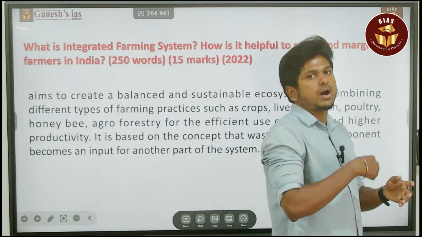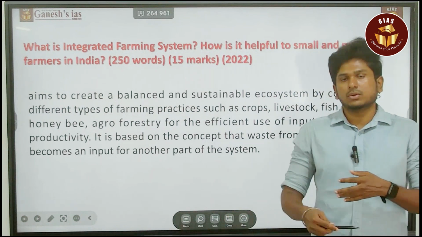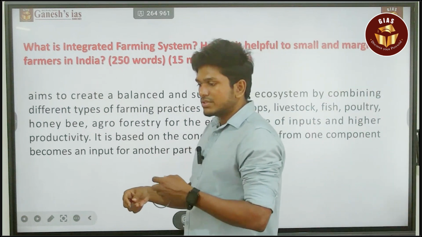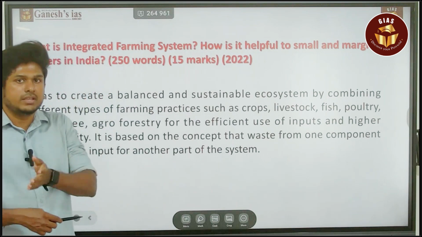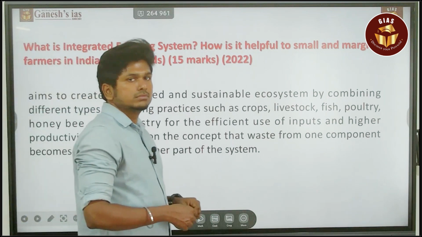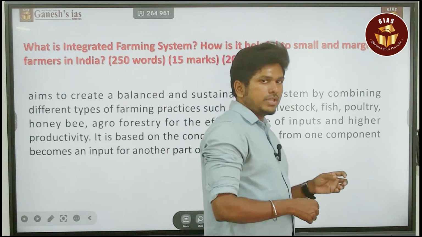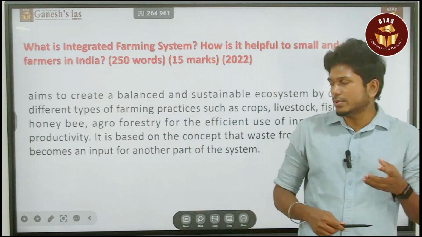You are making an input for another input. Okay, for another production process you are using other things as an input. So that is simply about what is integrated farming system.